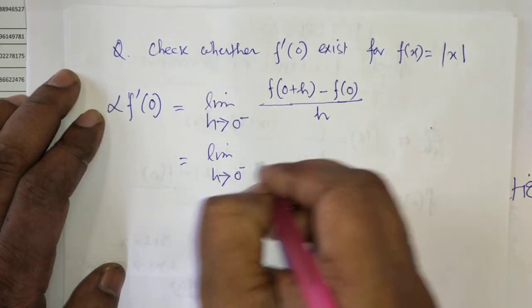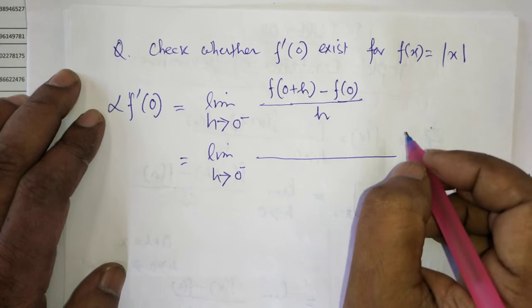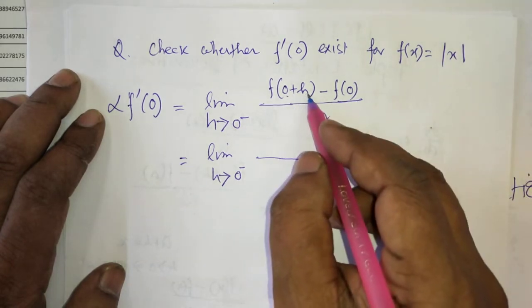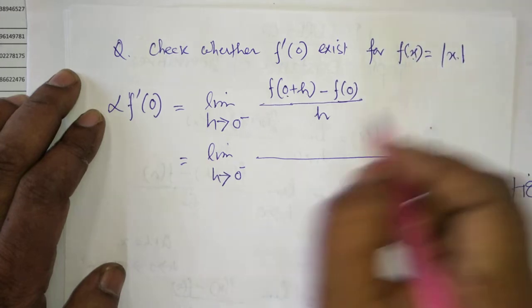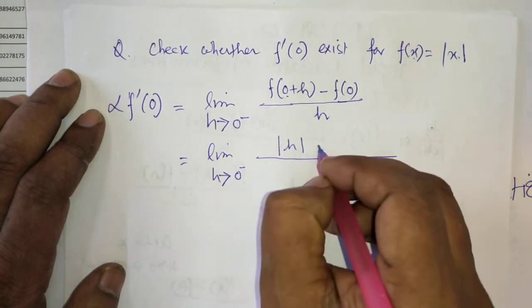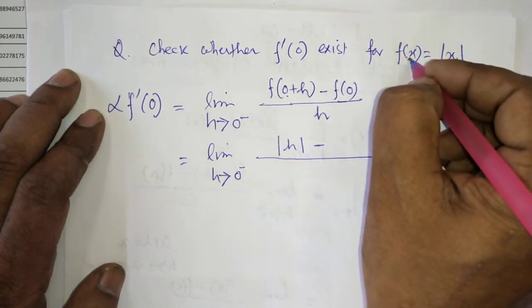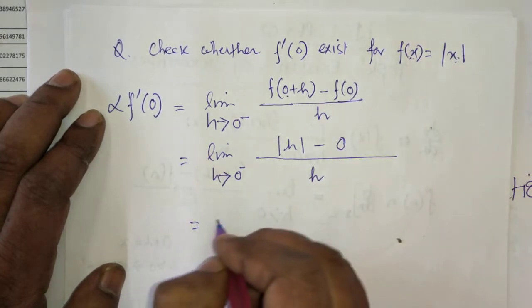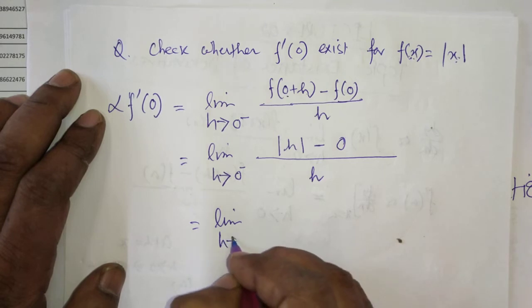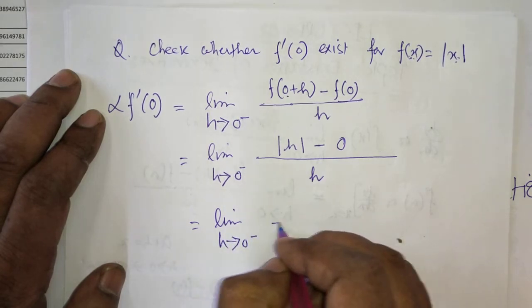Your function is f(x) equal to modulus of x, so f(h) equals modulus of h, and f(0) will be modulus of 0, which is 0. This is modulus h by h, limit h tends to 0 minus.